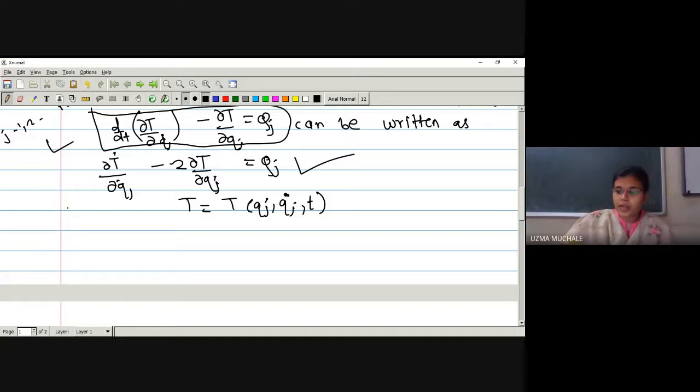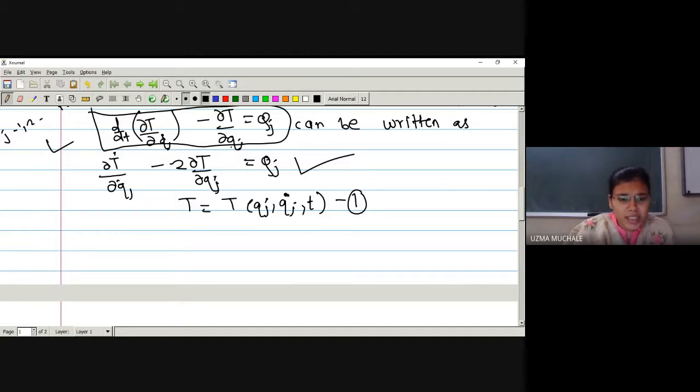So first we'll find out the value of Ṫ, because we want the value of the term ∂Ṫ/∂q̇j and the term d/dt of ∂T/∂q̇j. Here both are equal, so no need to find. Even ∂T/∂qj can also be adjusted.